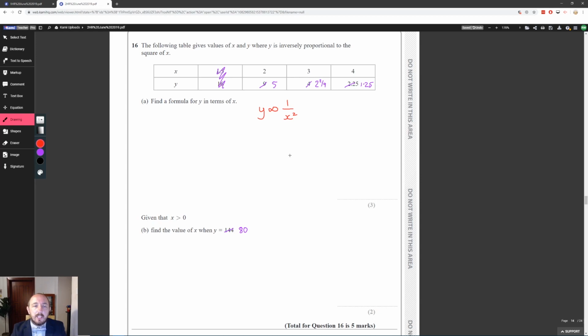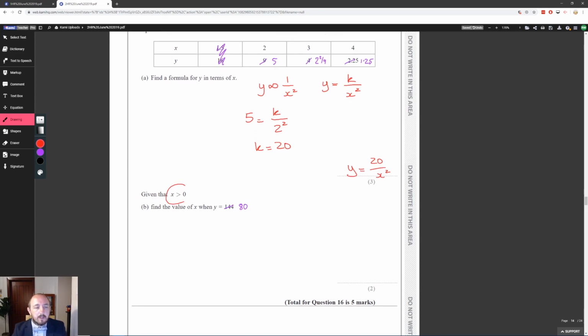And then we change the proportional sign to equals k, multiplied by 1 over x squared, so it becomes k over x squared. We can choose any of these to substitute in, so y is 5 when x is 2, so we multiply by 2 squared and we get k equals 5 times 4 is 20. So our formula is y equals 20 over x squared.